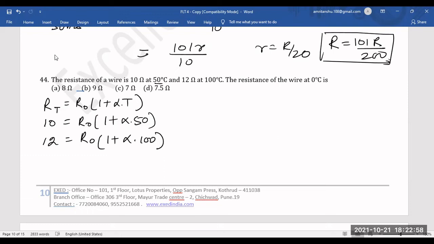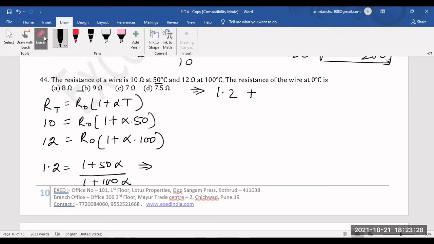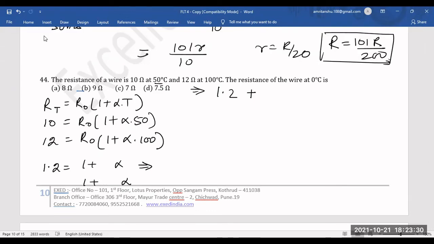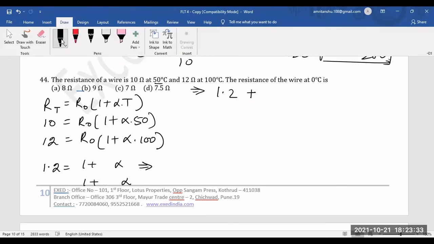Now when I divide these two, we get 1.2 equals 1 plus 100 alpha upon 1 plus 50 alpha. I'm sorry, I just rewrote it incorrectly.